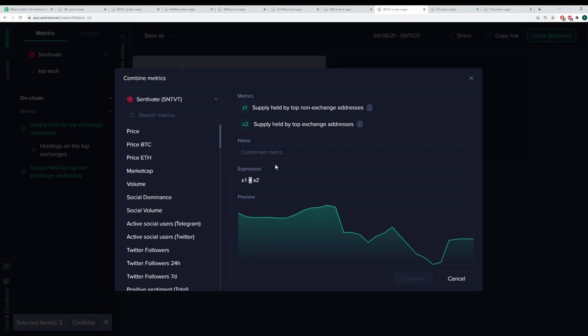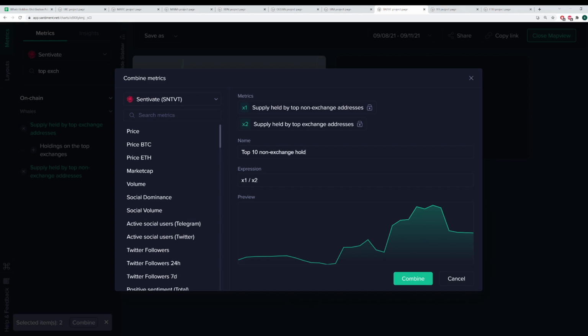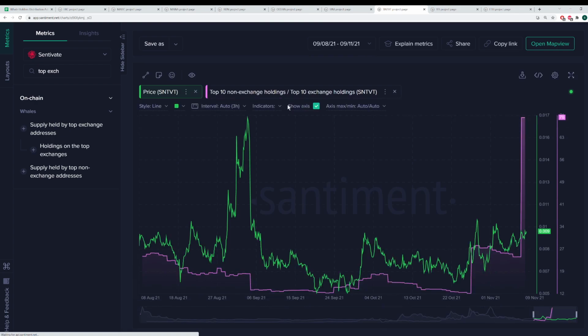And I'm going to change this to the division symbol. I'll just call it top 10 non-exchange holdings divided by top 10 exchange holdings. And then I'm going to click combine and take a look at this huge spike right here.